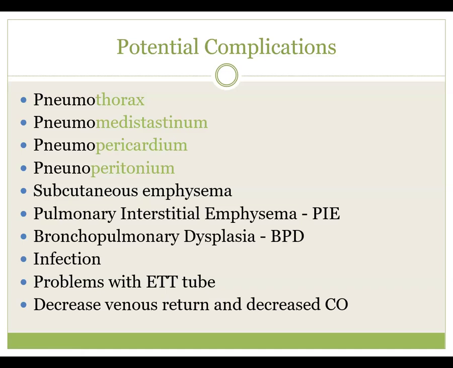It's air in the interstitial space, little teeny tiny pieces of air in the interstitial space. It forms that ground glass appearance. Pulmonary interstitial emphysema is the first step that leads to bronchopulmonary dysplasia, which is kind of like our chronic infants. BPD are infants that have been ventilated for a long time. Their lungs have a lot of damage because of positive pressure ventilation. It's kind of like COPD for babies.